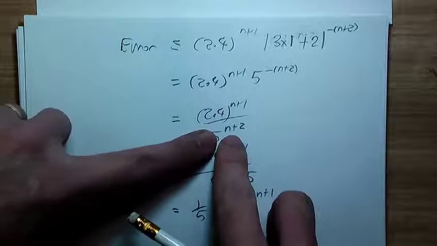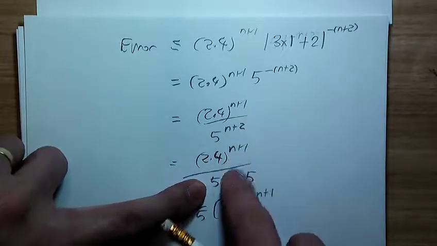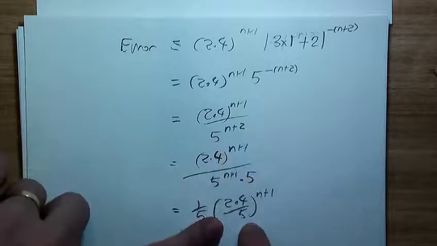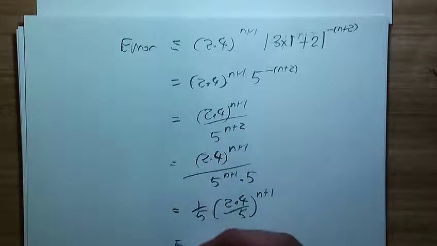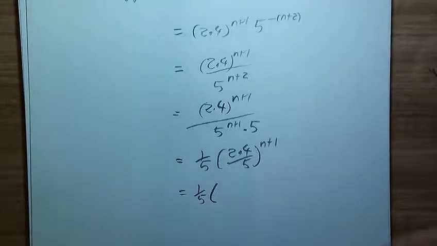What I did is I separated the n plus 1 and a 1 to give me an n plus 1 times 5. And because both of these have an n plus 1 power, I brought that inside the brackets. And 2.4 divided by 5 would be 0.48.